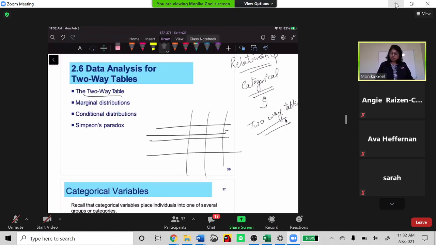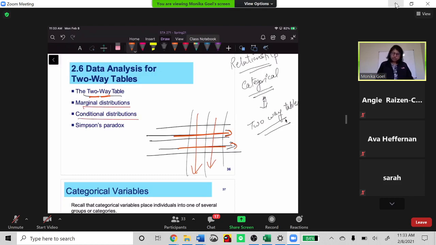One way is either I'm going through the row, or the second way I am looking at the column. And again, as I mentioned, like most of the words, very simple, make perfect sense if we just break the word. So I'm looking at the table that has two ways to work with. Either I can work with row wise or column wise. So I'm talking about two-way table.